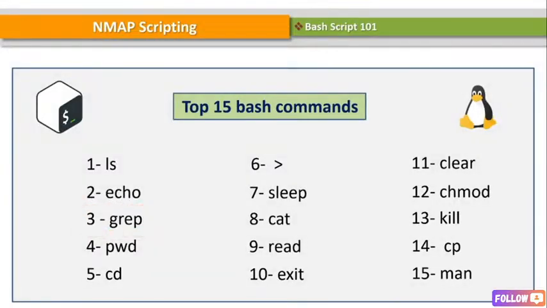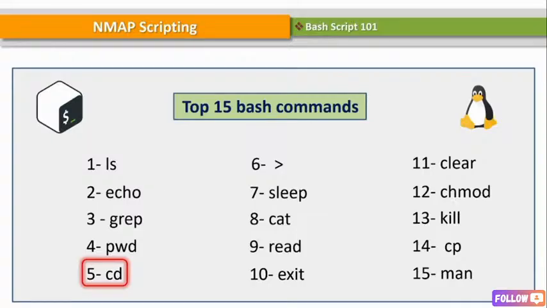The fourth is pwd, and the pwd command is used to print the current directory that you are in. For example, if you have multiple terminals going and you need to remember the exact directory you're working in, then pwd is going to tell you. The fifth is cd. So cd will change your current directory.